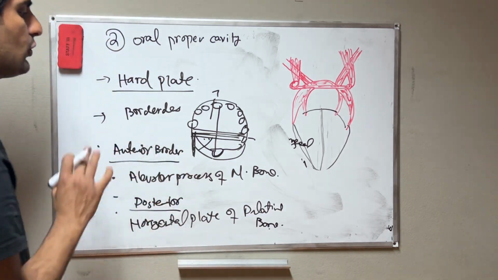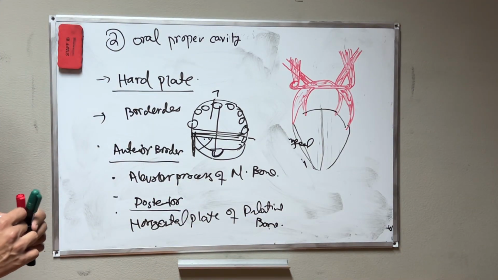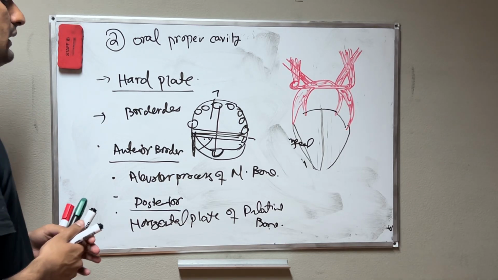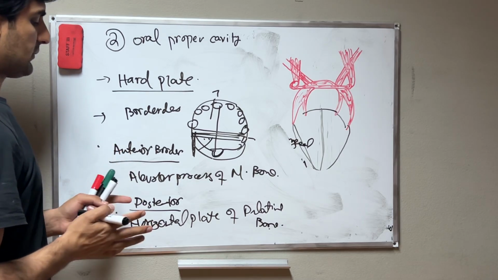These are simply the borders of the hard plate. I already told you this is hard because it is formed from bone.